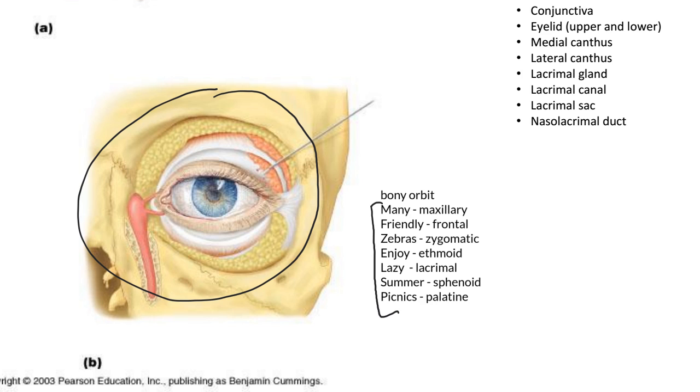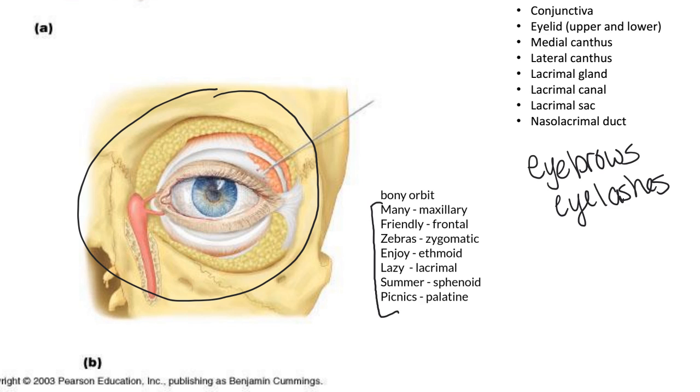Okay, so in addition to the bones externally on the eye, we have the eyebrows, eyelashes, and eyelids. The eyebrows and the eyelashes actually have a job. They help protect us from dirt and dust.